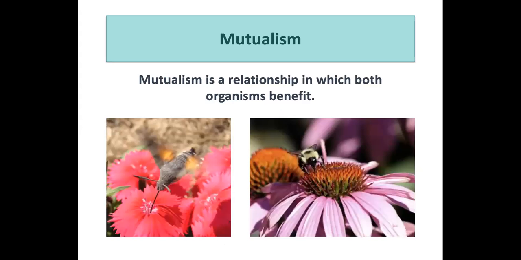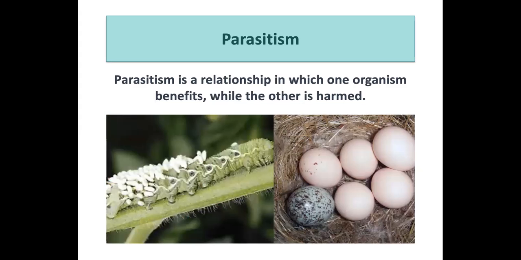The first is mutualism. This is when both species benefit. So this is a relationship where both species benefit. A great example is a bee and a flower. Next is parasitism. This is when one benefits and the other organism is harmed.